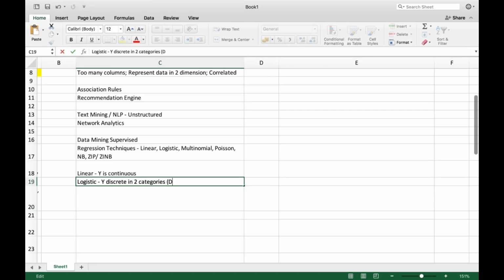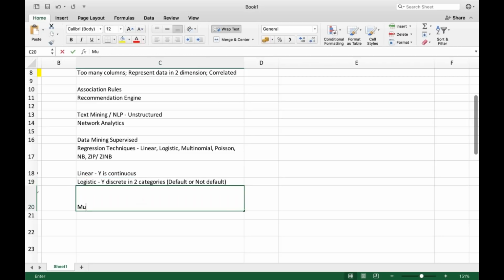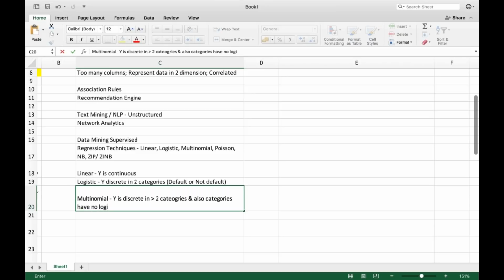When I say two categories, will a person default or not default? When it comes to multinomial, the output is discrete in greater than two categories, and also categories have no logical sequence.